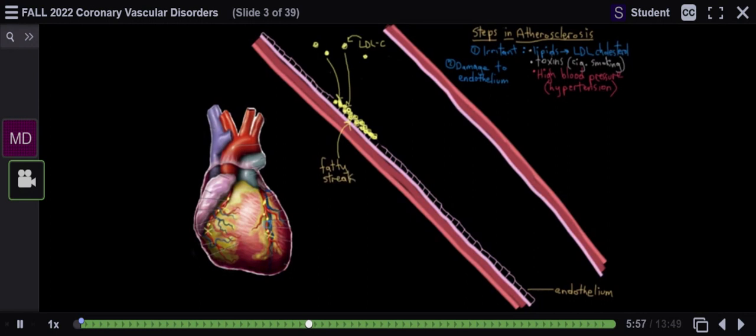So one thing that happens to the cholesterol when they get inside the wall of the blood vessel is that they start to get oxidized. They change a little bit. And when they get oxidized, that sends a signal to our body's immune system. That signal will bring around these cells of the immune system called monocytes.